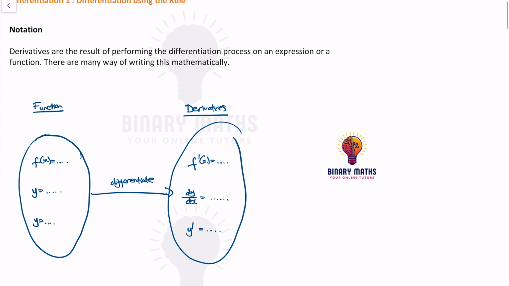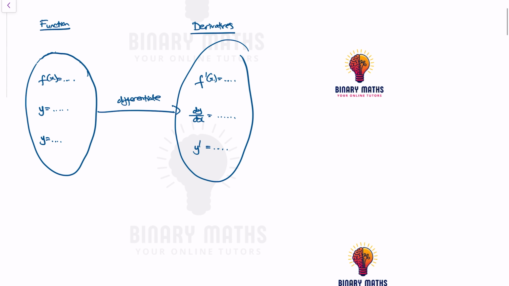Now I'm just going to state the rule so you know the rule. If n is an element of real numbers, so n is a real number where n is not allowed to be 0, then if we have f of x is equal to x to the power of n, then the derivative of f of x, which is f dash of x, is equal to n x to the power of n minus 1.